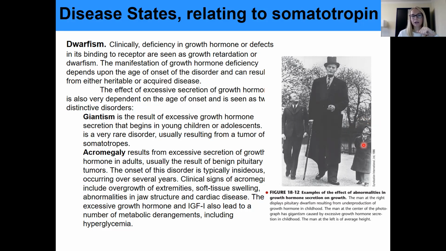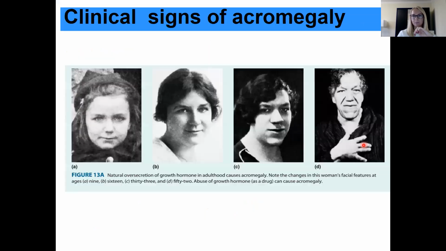Clinical signs of acromegaly include overgrowth of extremities, soft tissue swelling, abnormalities in jaw structure, and cardiac disease. The excessive growth hormone and IGF-1 also lead to a number of metabolic derangements, including hyperglycemia.